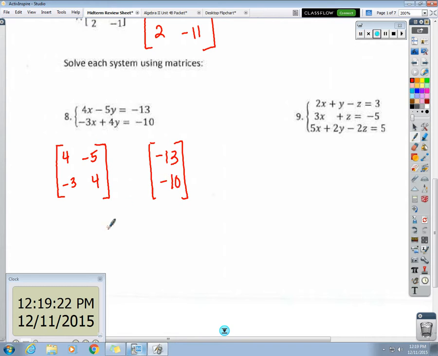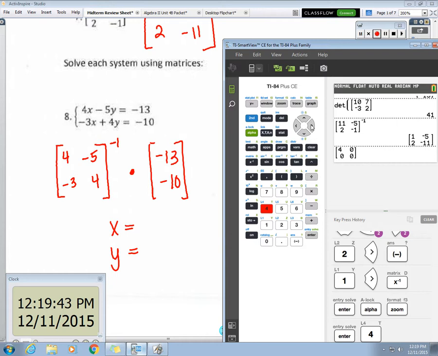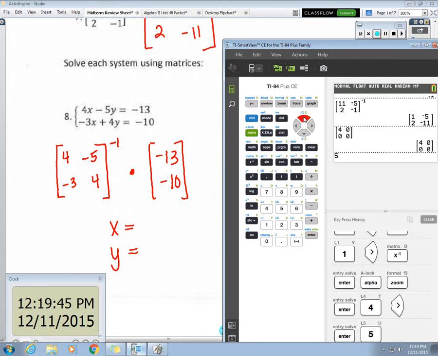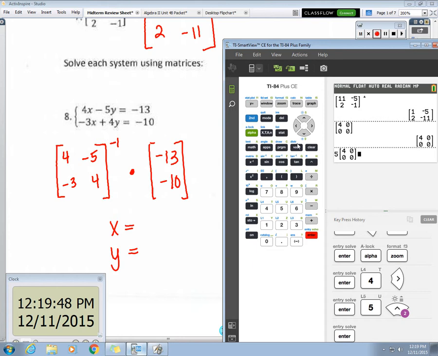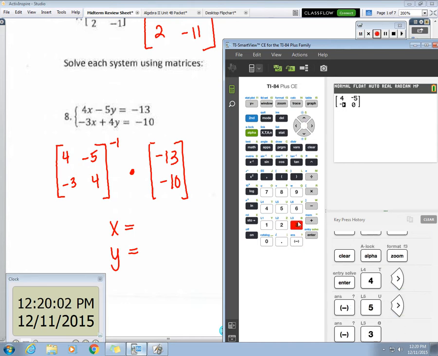Now, to figure out what x equals and what y equals, you're going to type this matrix in and take the inverse of it. And then you're going to multiply it by this matrix. Okay? So let's do that. First I have to type in this 2 by 2. So alpha zoom. The elements are 4, negative 5, negative 3, and 4.